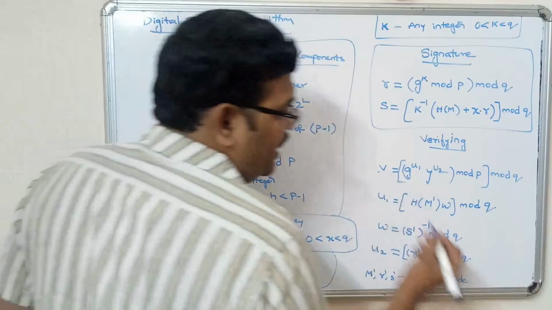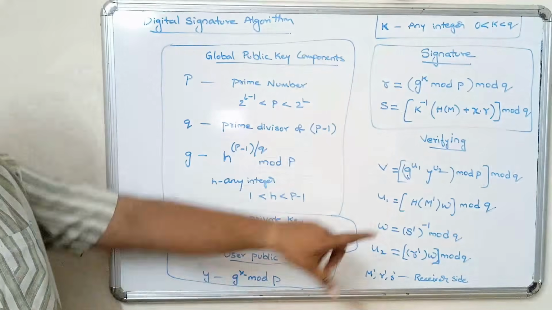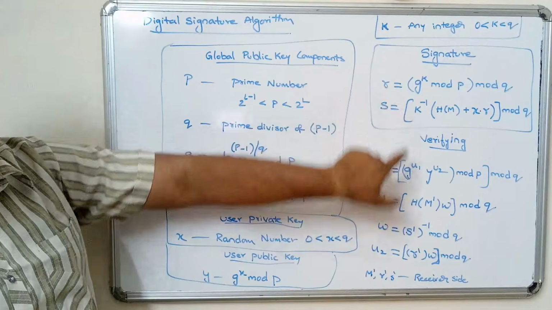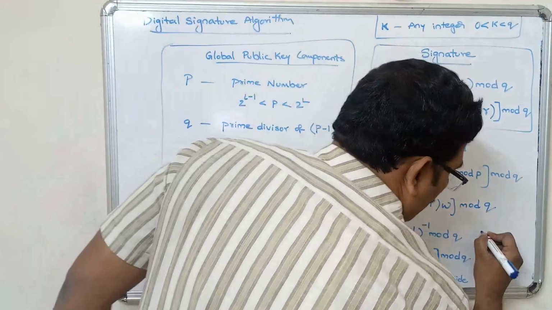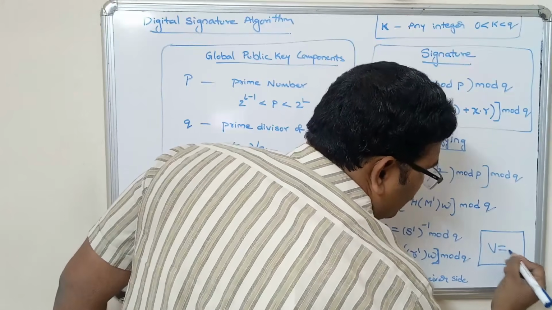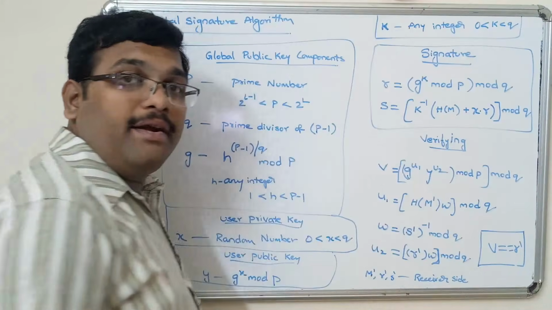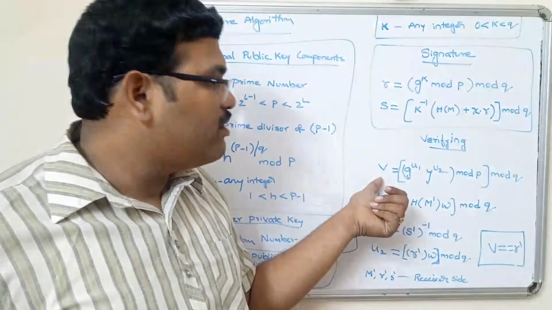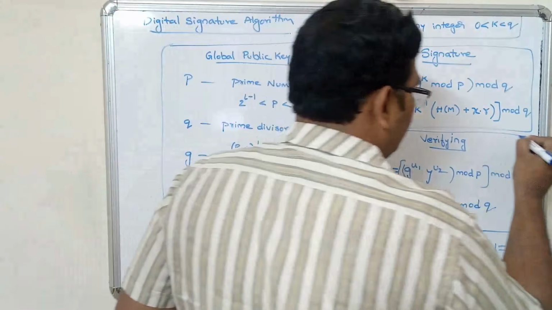And this V and R, here R means R dash, will be compared. What is the comparison? V is equal to R dash. R dash is the received component and V is calculated at the receiver side.